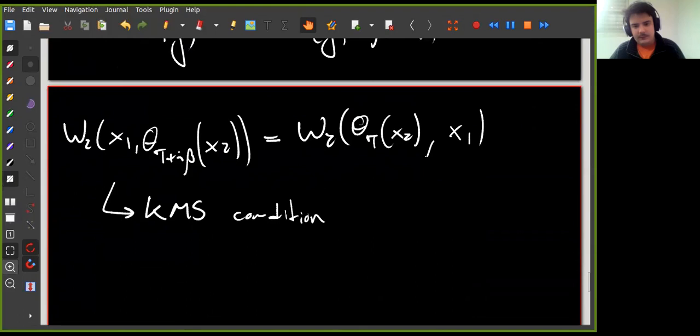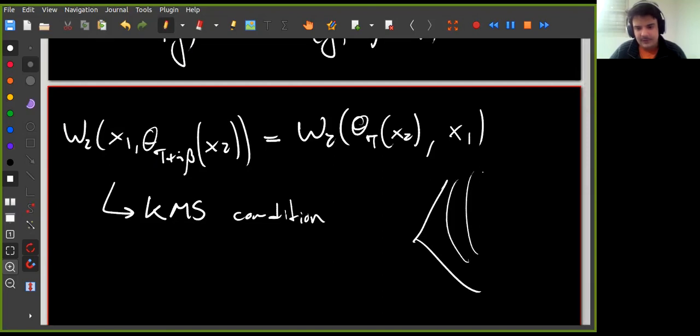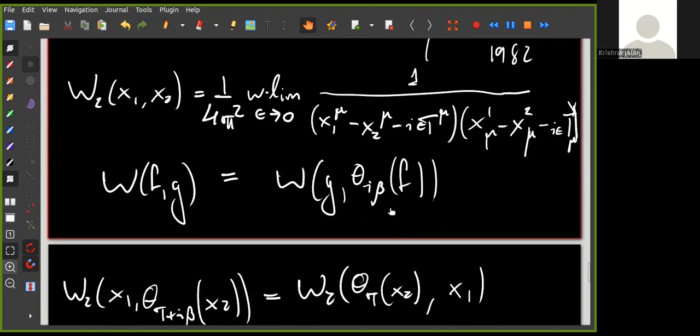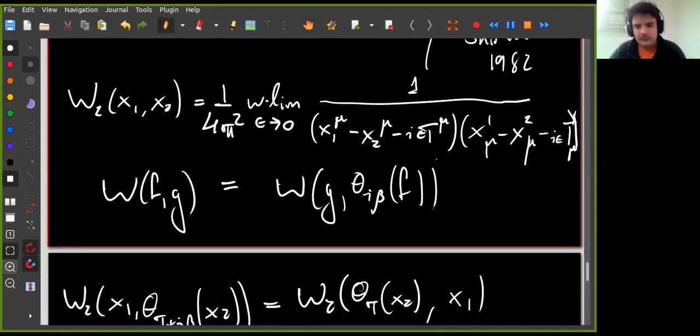So what you see at the end is that for the Minkowski vacuum, we have the KMS condition when we're working with time translations over this region. And what was the T in the denominator? T mu. Oh yes, this is an arbitrary time-like vector.